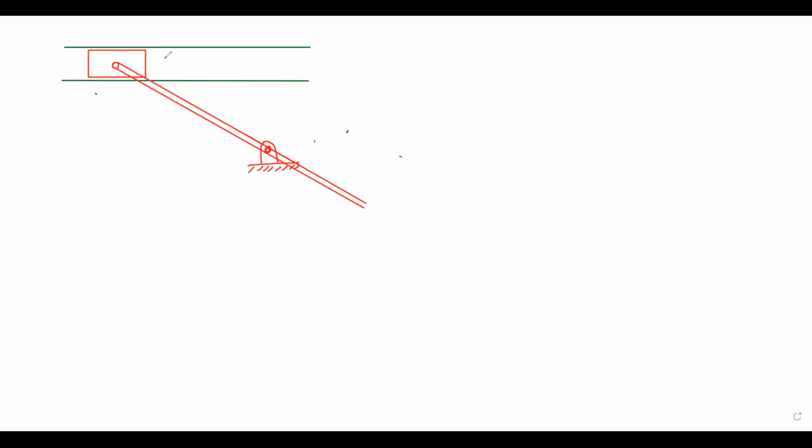The VA is in this direction, 3 meters per second. And the question says that this piston is accelerating 1.5 meters per second squared in this direction.